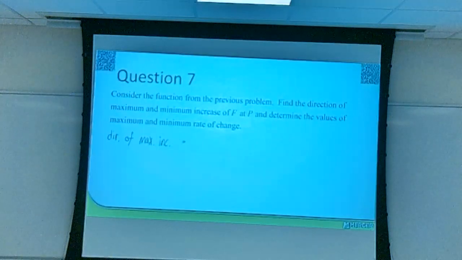What is the direction of maximum increase? How is that given? It's not the absolute value of the magnitude.